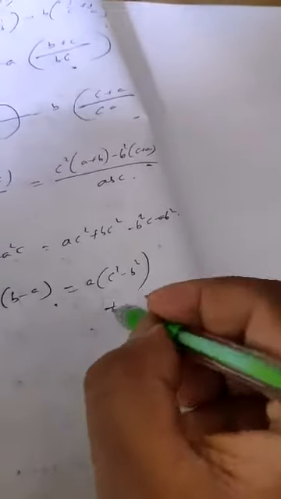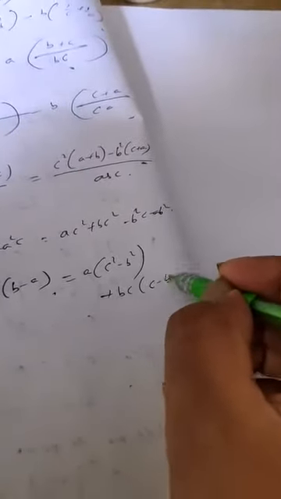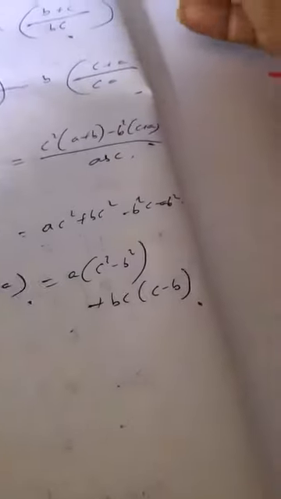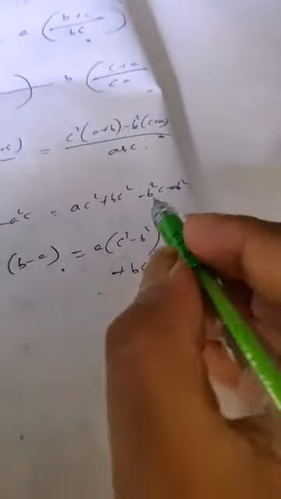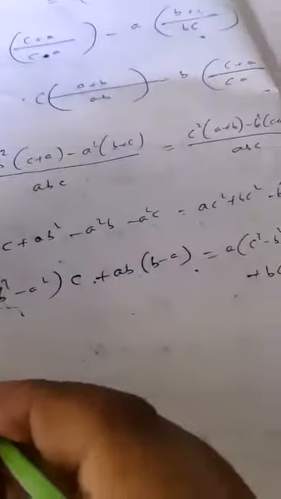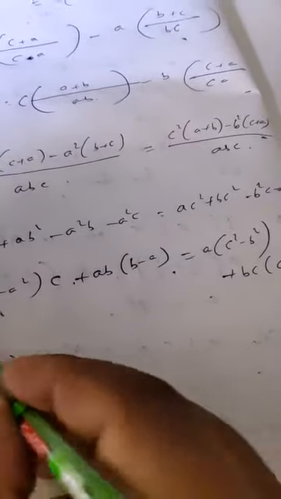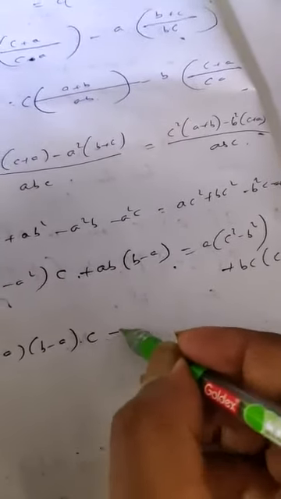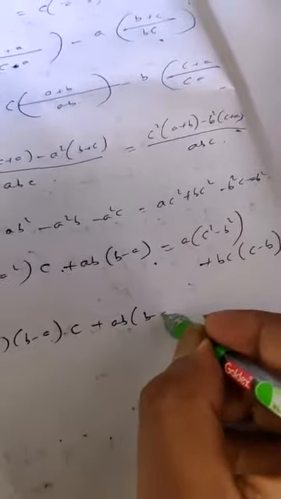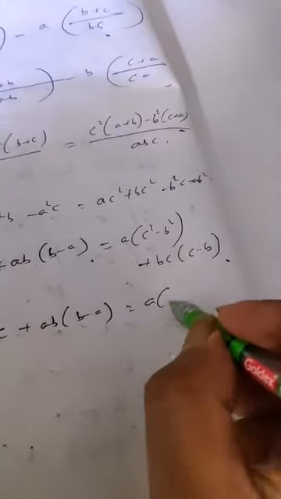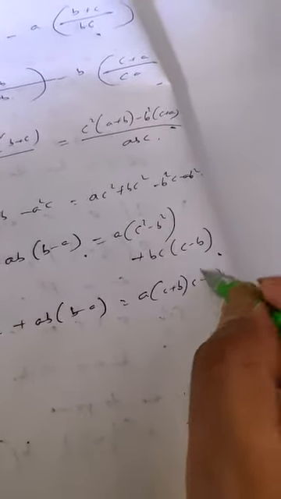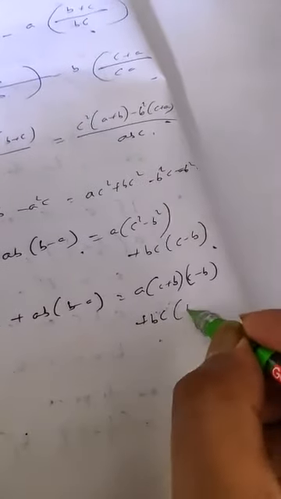From these two take BC common, you will get (c minus b). That is, (b plus a)(b minus a) c, AB (b minus a), (c plus b)(c minus b) BC, (c minus b). Okay?